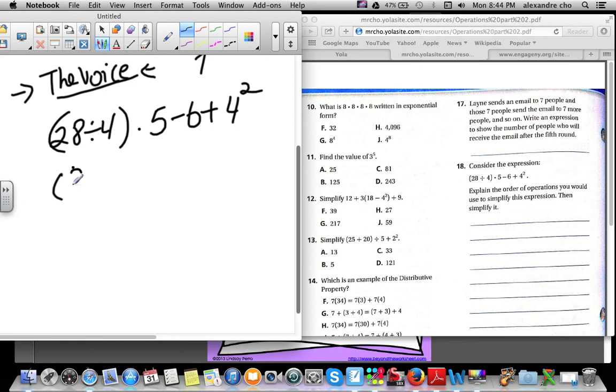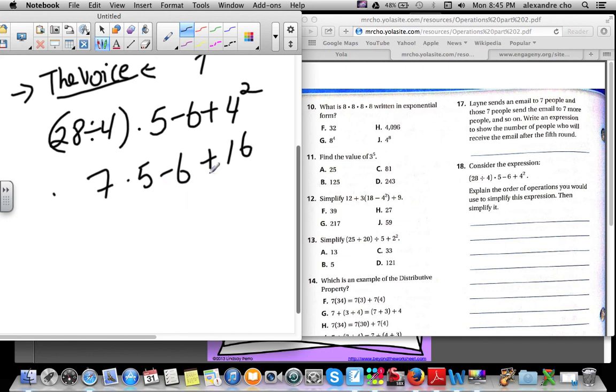So, order of operations, we're going to leave this till the end. We're not touching that. Parentheses first, and inside the parentheses we have 28 divided by 4, which is 7, times 5 minus 6 plus, and I can do the exponents, 4 squared, which is 16.